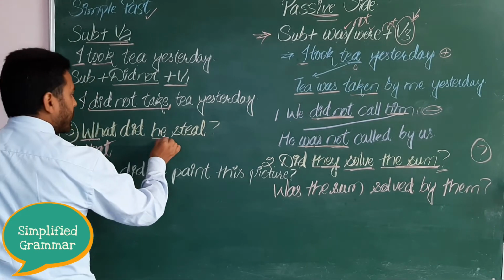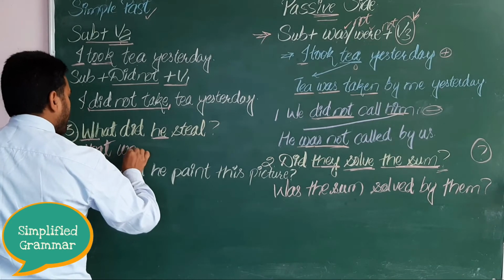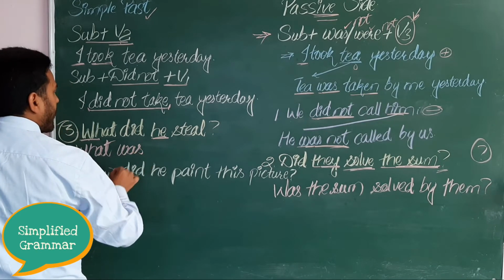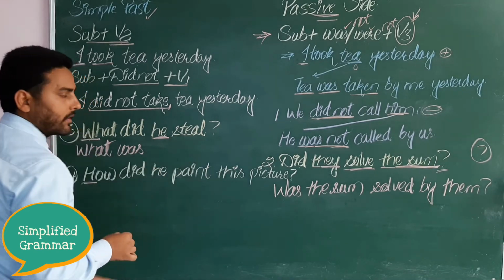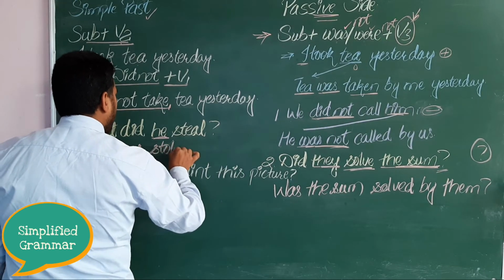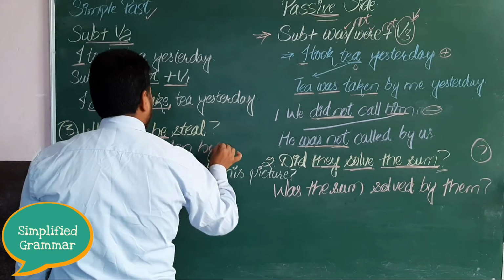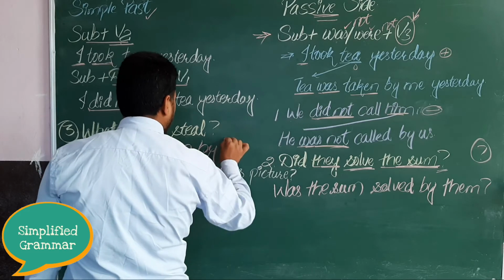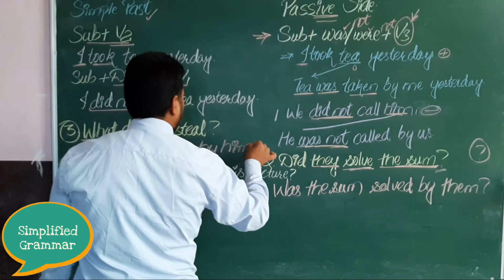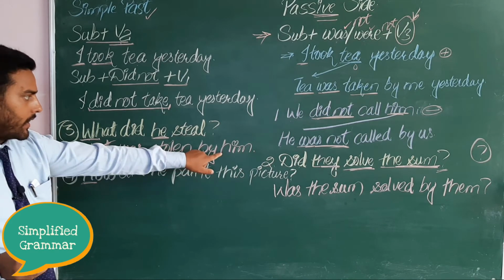So he is your subject. So what was this steal? Third form of steal is stolen. What was stolen by, he will become as a him. What was stolen by him.